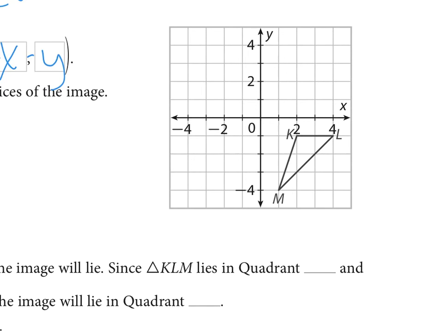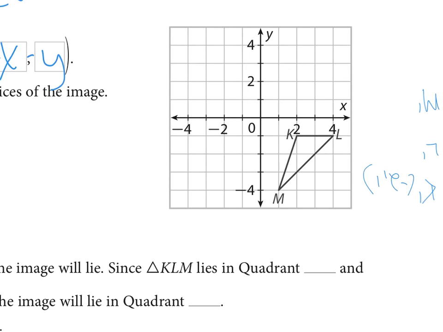Okay, so we need to make a list of our points KLM, so we're going to have K prime, L prime, and M prime. And as we count the coordinates, K prime is now 2 left and 1 up, so K prime is negative 2, 1.